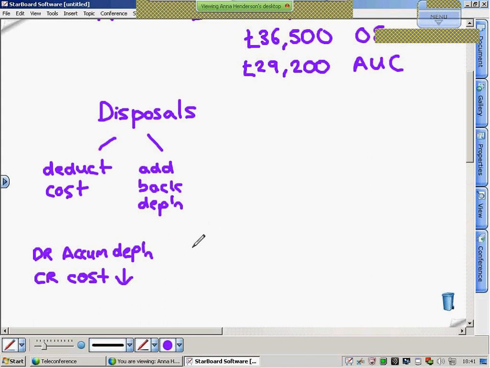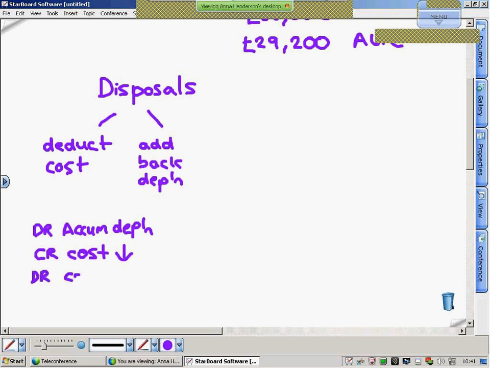And that's what we're going to see when we go through debiting cash with the proceeds and debiting or crediting the loss.